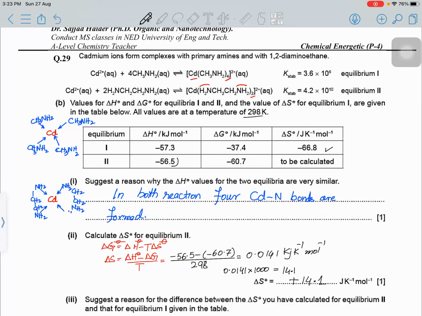Now you can see that here we have 5, and 1 is formed. Here we have 3, and 1 is formed. So where is more disorderness? Where is it more decreased? Or which salt is more stable? Where are fewer moles?